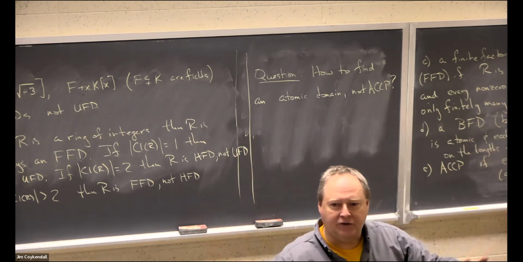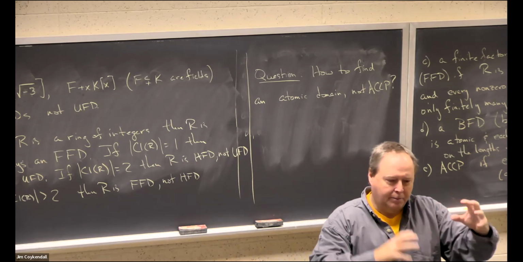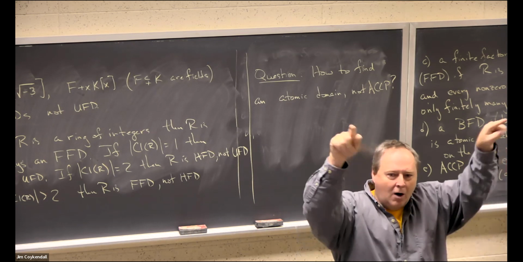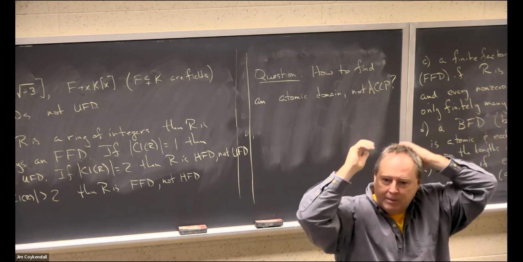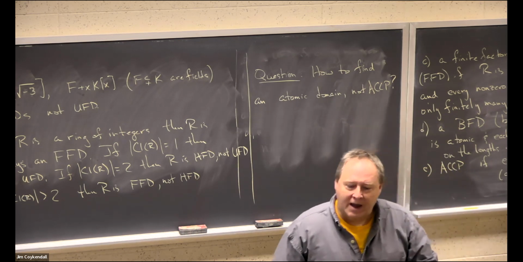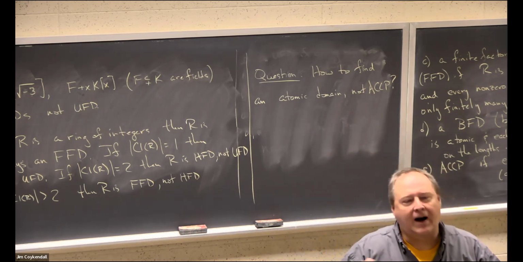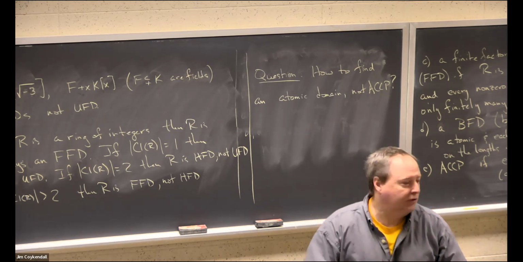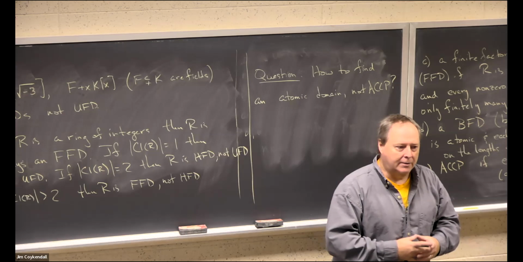Follow all those little paths, and they all eventually must terminate, correct? So if you just naively start factoring something at random, you're eventually going to reach a place where it factors into irreducibles. That's why I call it atomic for idiots.